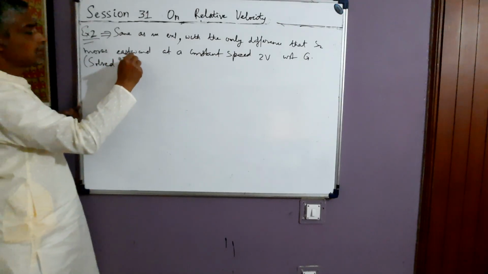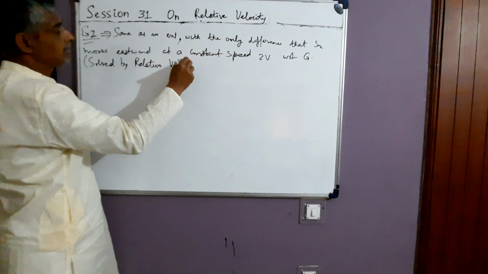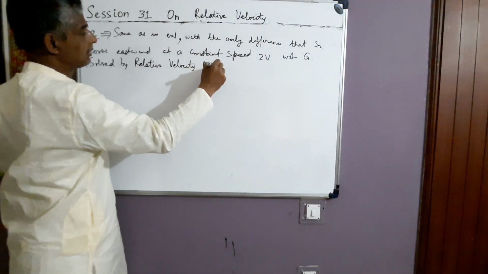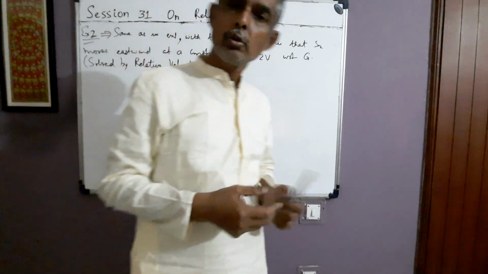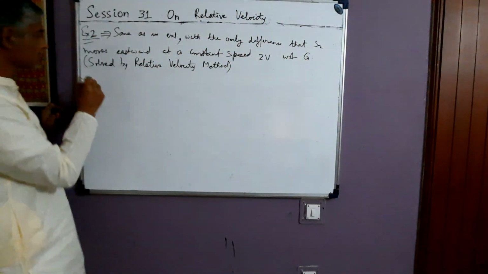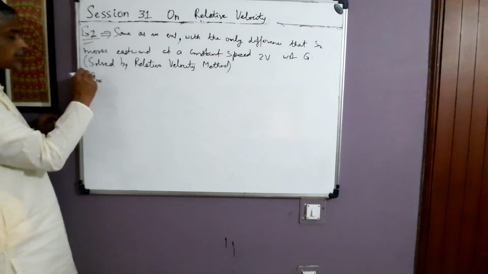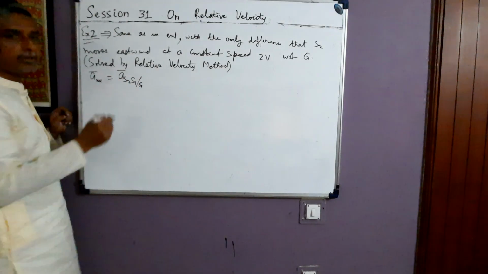Solved by relative velocity method. So again, A relative will be 0 as it was, because velocities of both the ships are constant. So I'll just repeat that calculation. A relative is the relative acceleration of S2 with respect to S1 in ground frame.